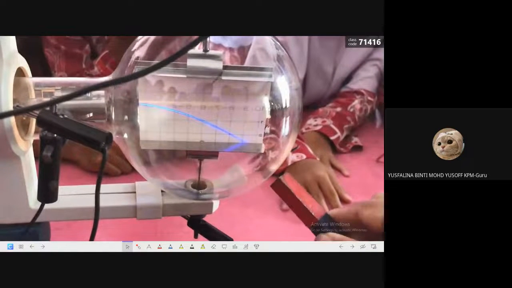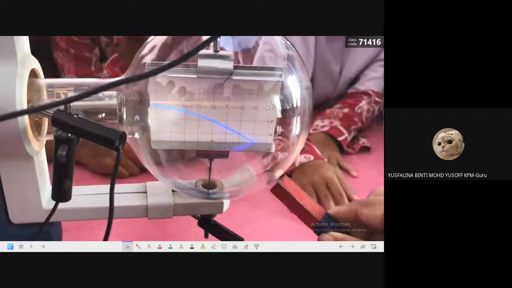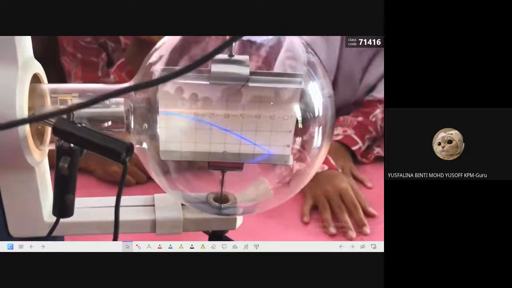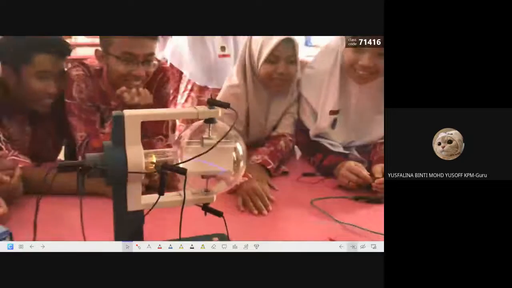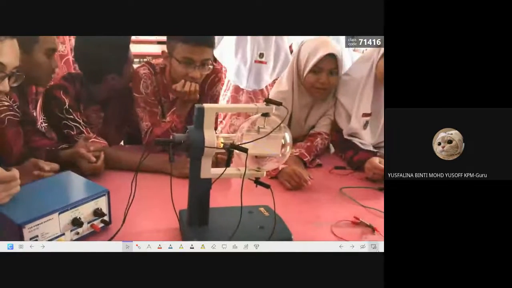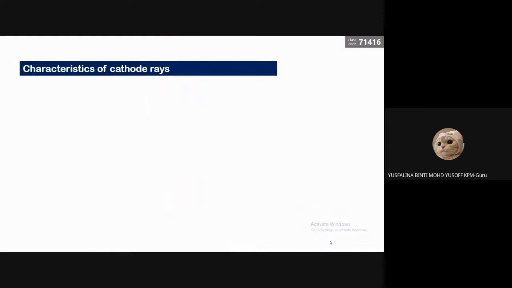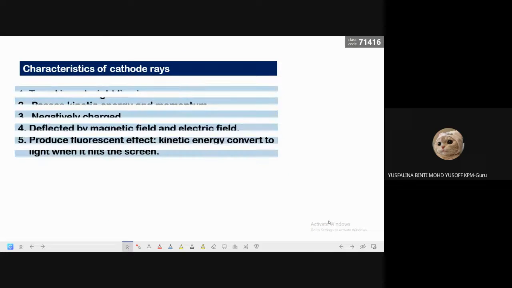Nice experiment, right? Next we see the conclusion of the cathode rays.